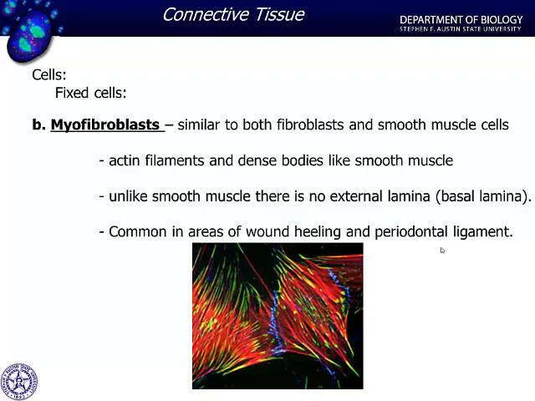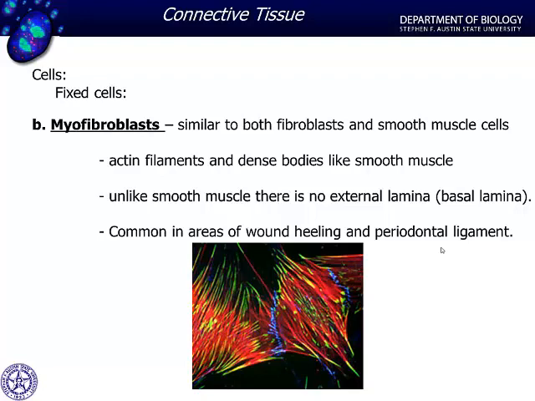So when you look at their cytoplasmic components and cytoskeletal components, these myofibroblasts have actin filaments and dense bodies, those adhesive connections for our microfilaments, just like we saw in smooth muscle when we were in physiology. However, unlike smooth muscle, we didn't have this extracellular coating, the basal lamina, around it, and fibroblasts certainly don't have that. So once again, that is a characteristic of fibroblasts.